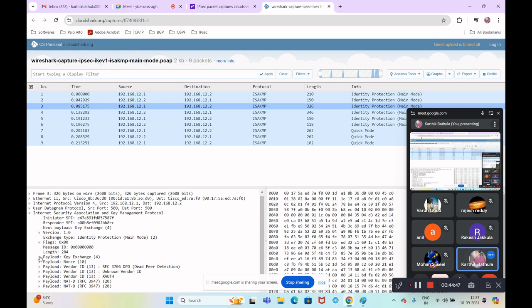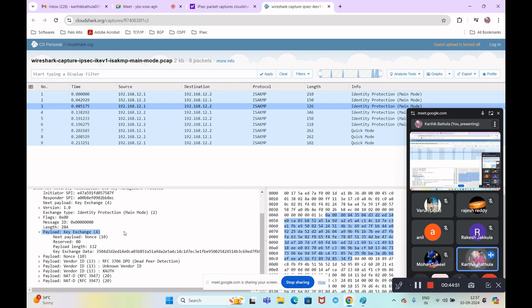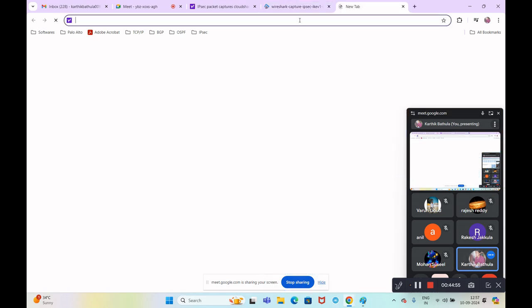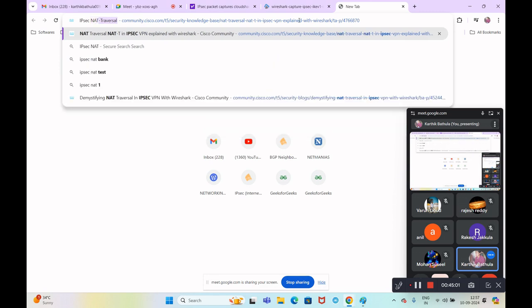But I think these packet captures don't have that. I will show you that NAT payload. I think there is one document.